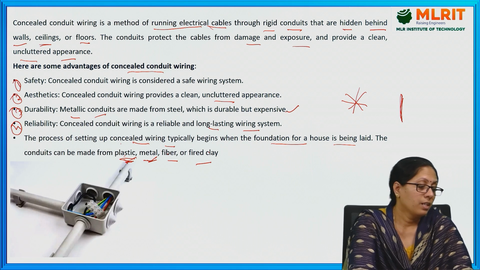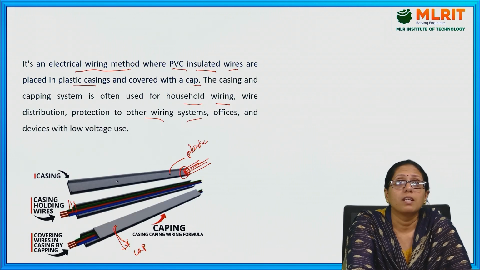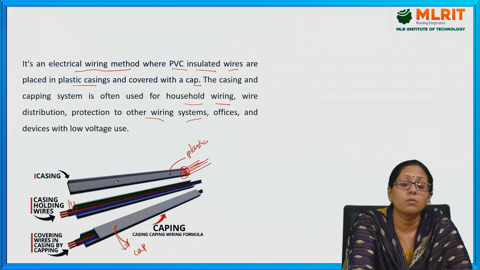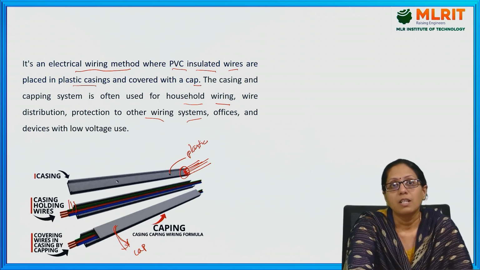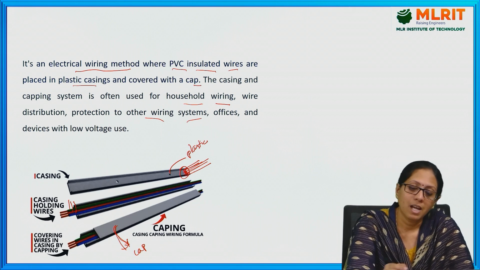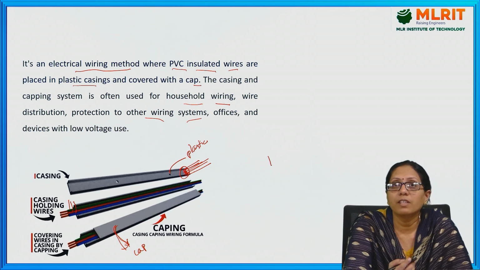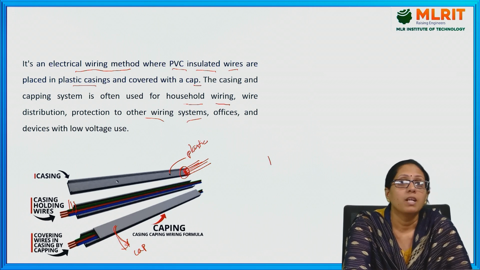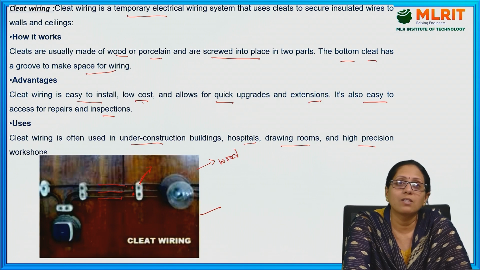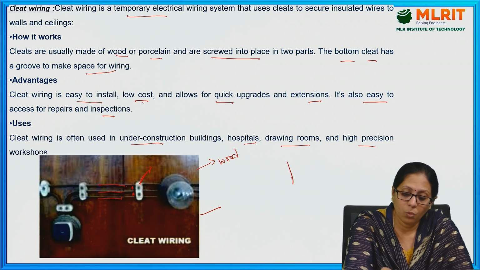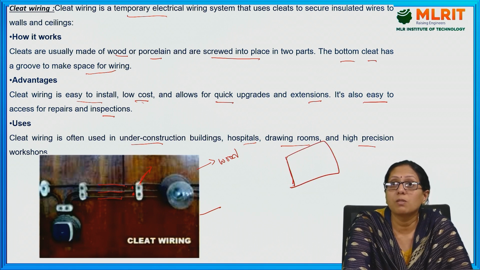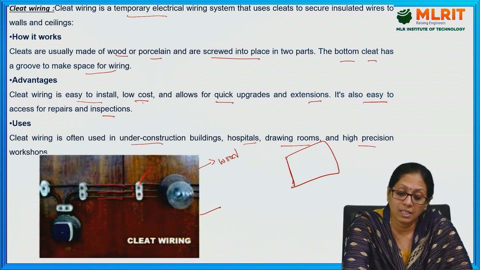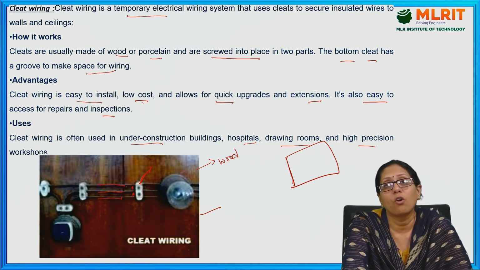The previous ones, like casing and capping, which is made of plastic, are placed on the wall after construction of the house or building. The first case is also placed on the walls, or on a wooden plate which is fixed to the wall, again after construction of a building.